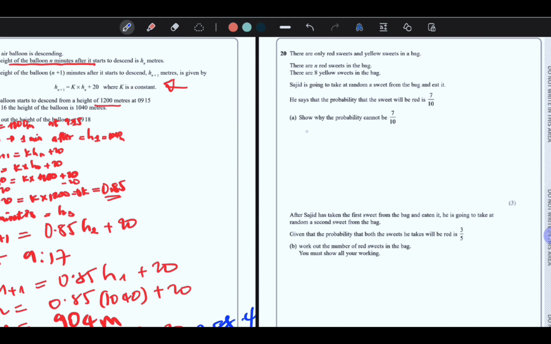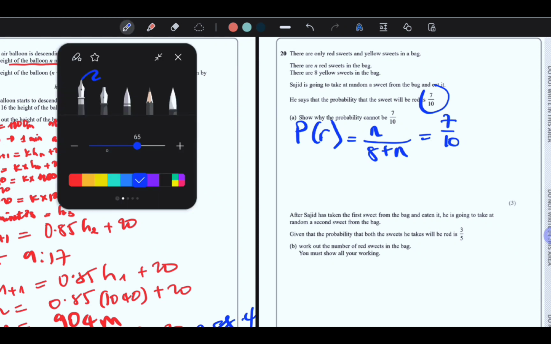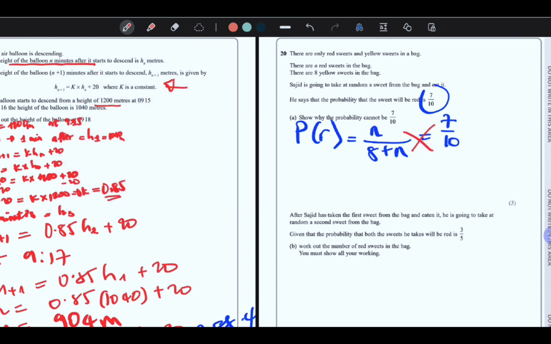Okay, so if there are n red sweets in the bag, the probability to take a red sweet, let's call that R, will be the number of red sweets, which is n, divided by the total number of sweets, 8 plus n. So he is saying it is 7/10. So we're going to have to equate this to 7/10 and work out the value of n. I'm going to cross multiply and get 10n equals 7 bracket 8 plus n.